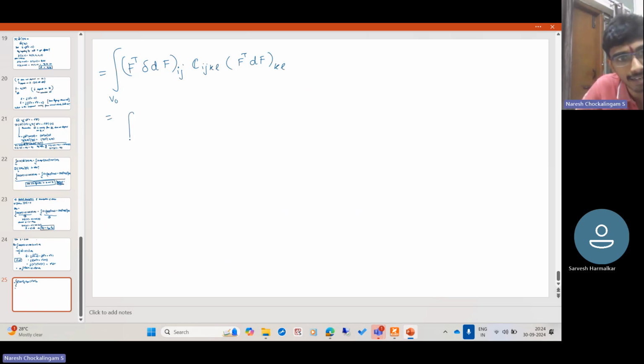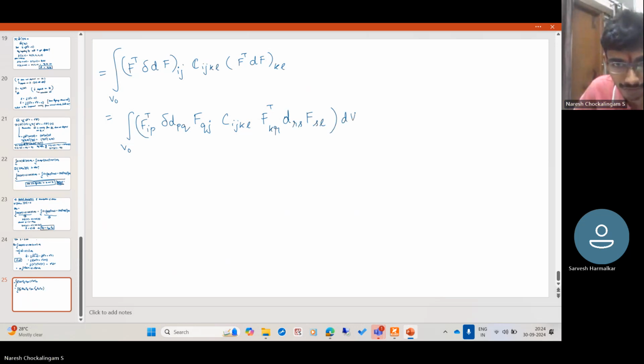So first one can write it as V naught F transpose IP del D PQ F QJ Cijkl. Remember the net result has to be a scalar, and again this is F transpose KP, not P. PQ is already used. KR D RS F SL. This entire thing dV naught.